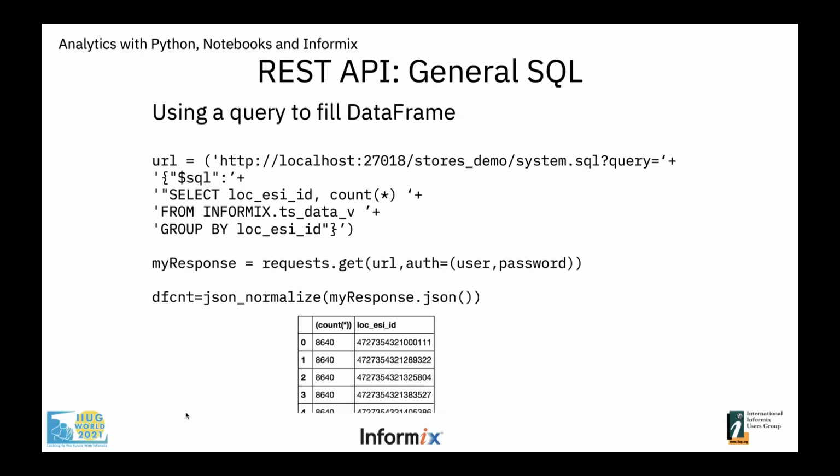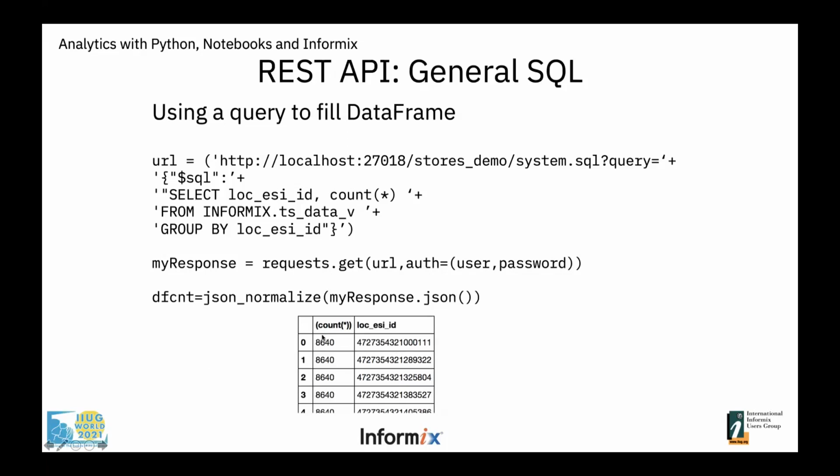You again execute that, or you do the REST API call via request get and specifying the URL and user and password. And then you can do JSON normalize to get it in a data frame, and you are presented the output of the data frame below.